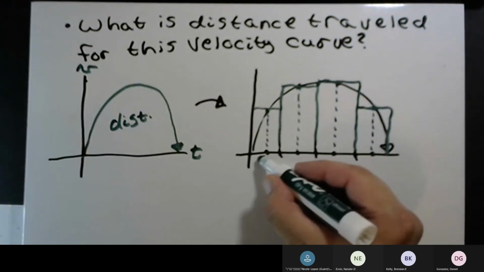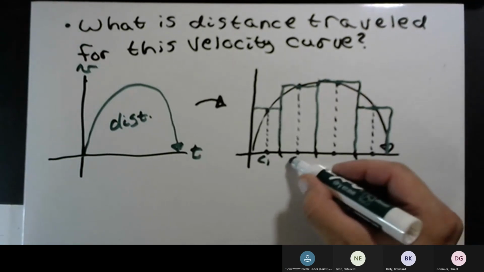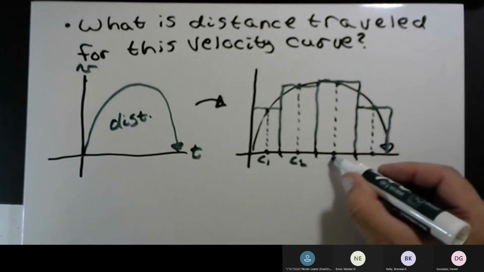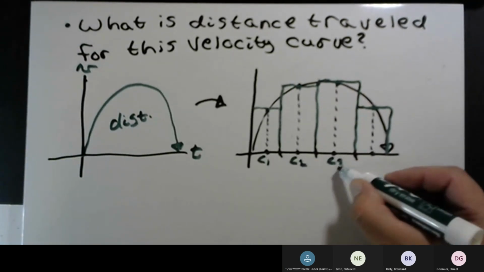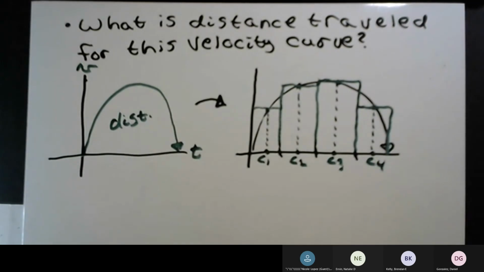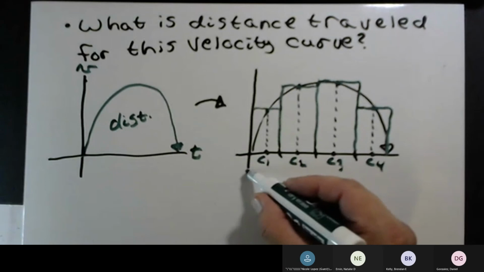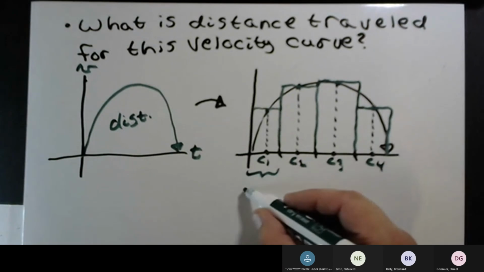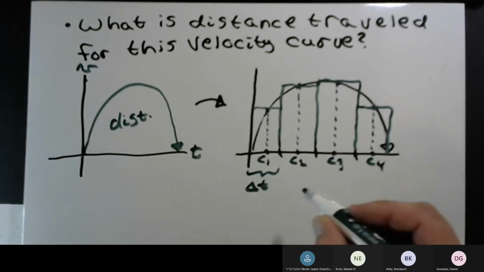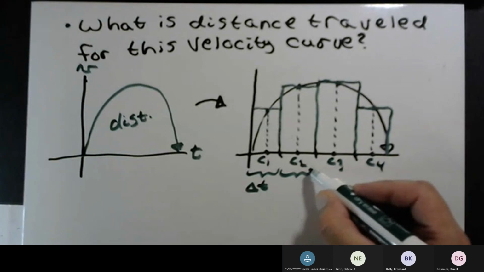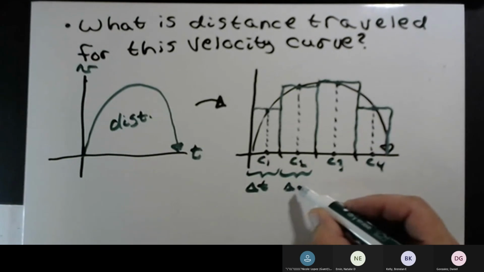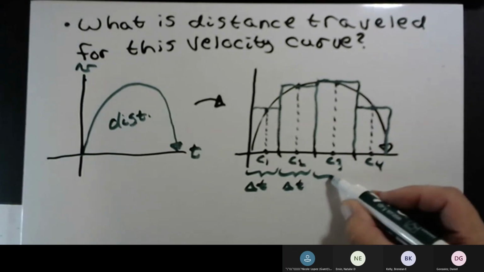We'll call this midpoint C1, C2, C3, C4. And then each rectangle is going to have the same width, delta t. We've divided this interval evenly.